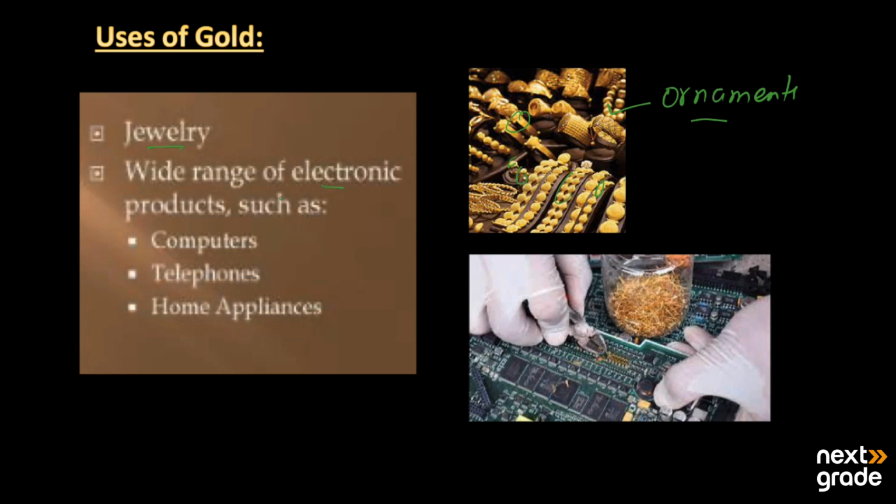A wide range of electronic products can also be made from it, such as computers, telephones, and different home appliances. Here you can see the different chips of the computer, known as computer chips. Gold has been plated on these, so it is used in making computers, telephones, and different types of home appliances.